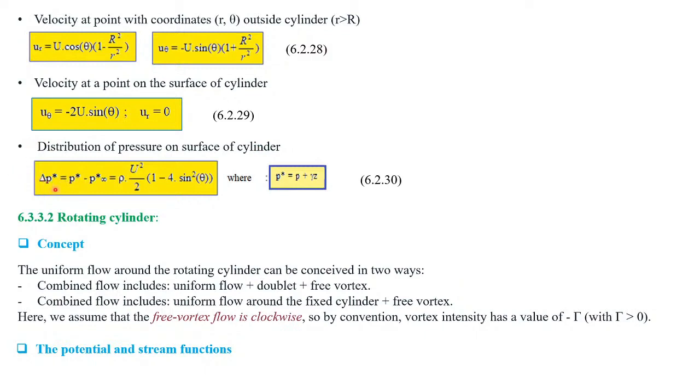After we write the Bernoulli equation and manage it, we get delta B star equals B star minus B star at infinity, equal to rho U squared divided by 2 multiplied by (1 minus 4 sine squared theta), and the value of B star equals p plus gamma z.